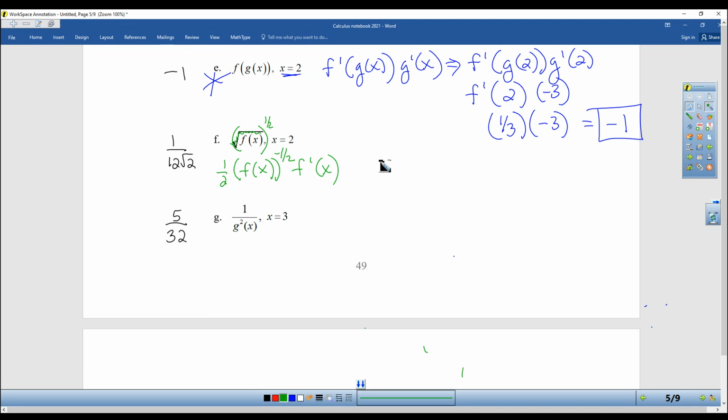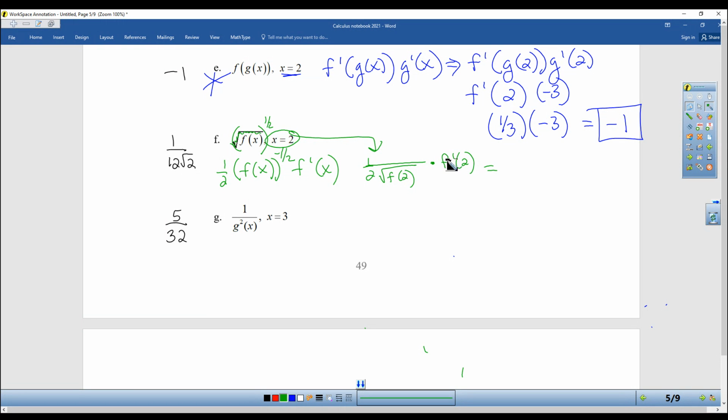Now I'm going to do this for 2. So 1/2, if you want to, you can move this to the bottom, square root of f of 2. Right? -1/2 is a square root on the bottom, and then the f prime is on top. But I'll just leave it off to the side for now. Make sure I don't lose anybody. Times f prime of 2.